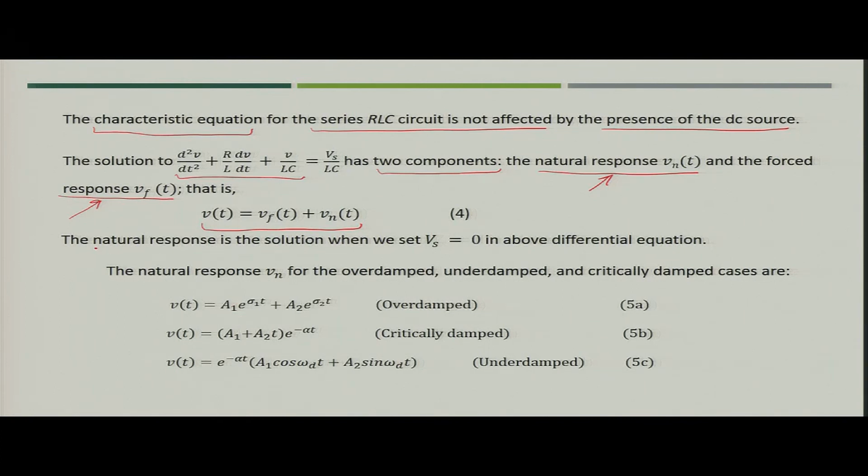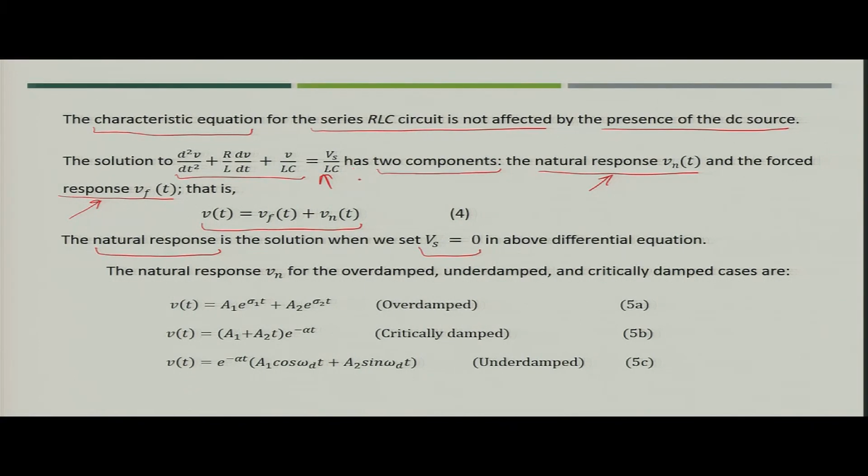Now, to find the natural response, you have to set the value Vs equal to 0. When you put Vs equal to 0 in this equation, you will get only the left side component, which is equal to 0, and this is the same equation which we get when we analyze the series RLC circuit without any external source.